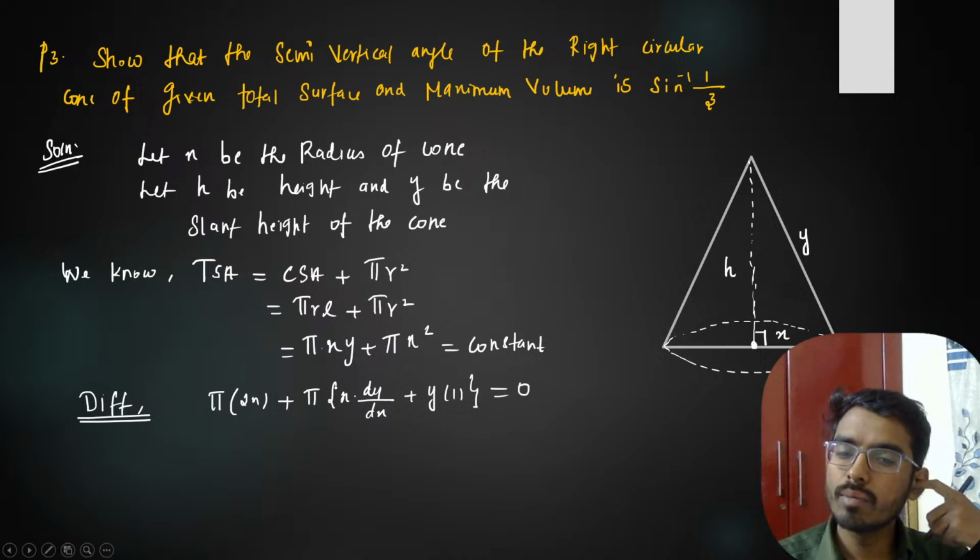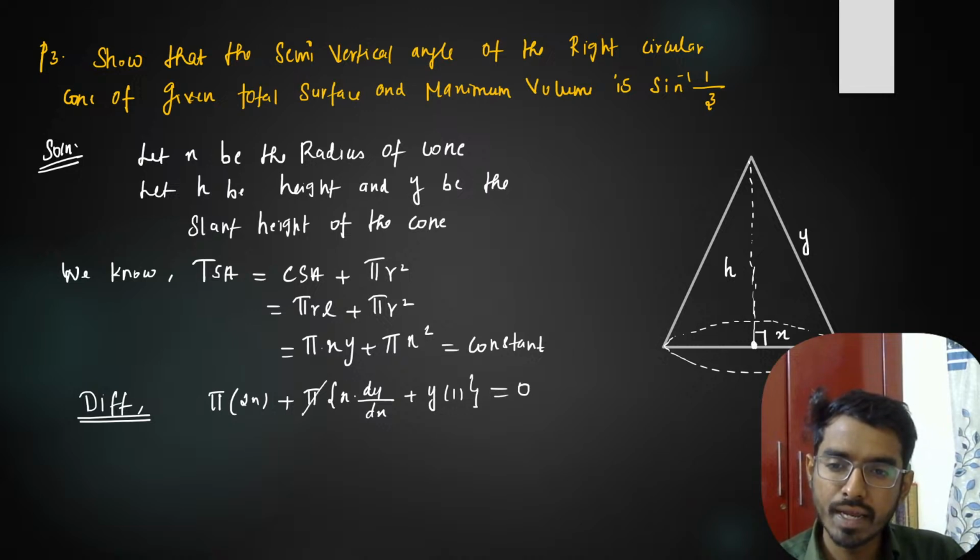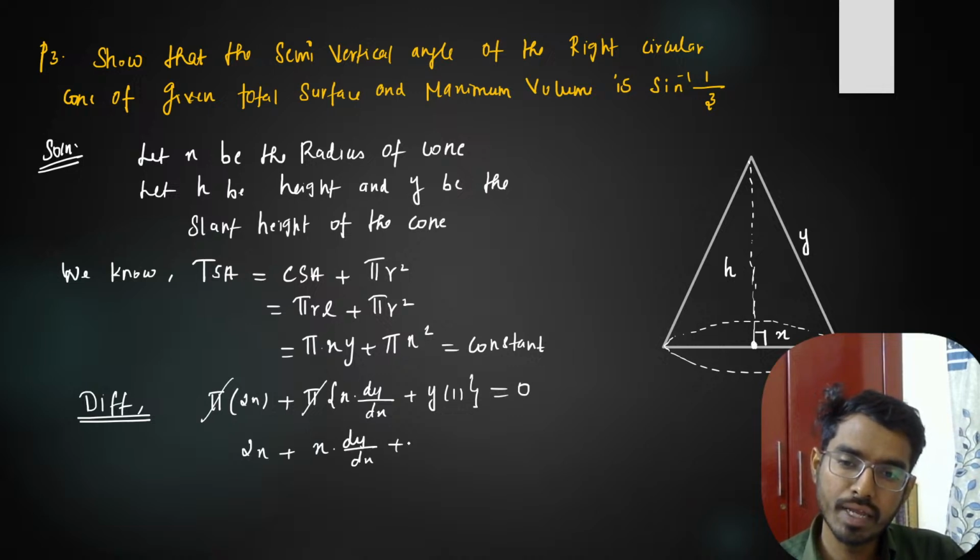In order to proceed with this problem, we need this, right? So I'm differentiating this. Constant derivative is 0. So derivative of pi x square is pi into 2x, plus derivative of this is x into dy by dx plus y into 1, equal to 0. So I can cancel pi. So we have 2x plus x dy by dx plus y is equal to 0.